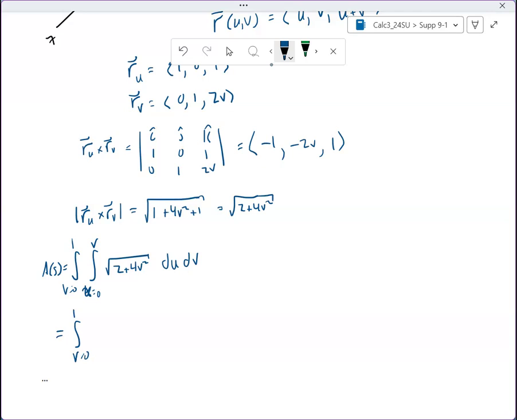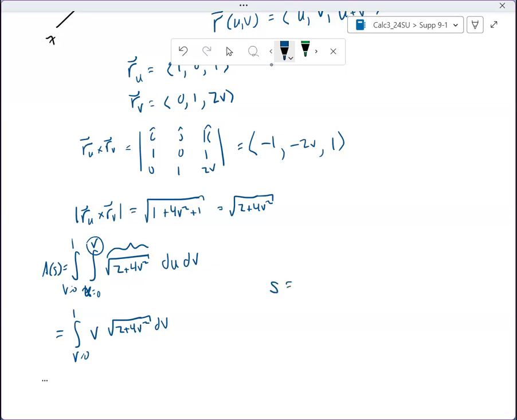So I have to do this as an iterated integral because my u bound depends on v. But I note that the integrand is constant in u. So integrating u equals 0 to v du gives me a v that will help out. And here I can use a substitution.